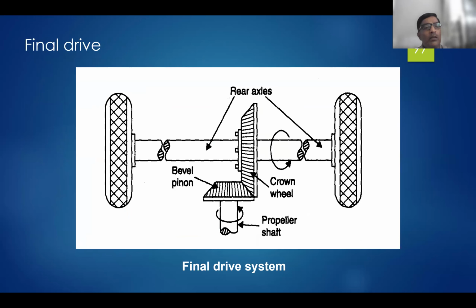So we have seen final drive, one of the important assemblies, which is the final stage of the transmission system used in automobile to multiply the torque or to give the final reduction in the speed so that vehicle can propel, and also to divert power at 90 degree. So that component we have seen, final drive.